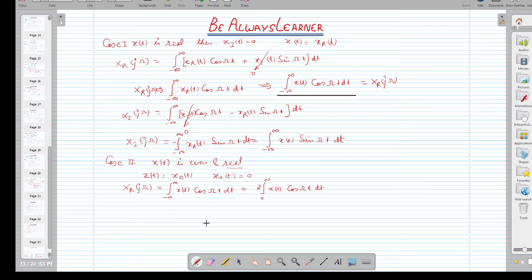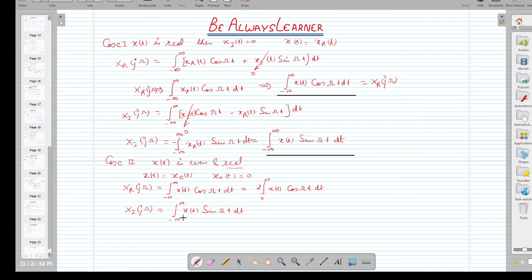In the same way I can also have the x I j omega. x I j omega is given by this sort of equation. This sort of equation we derived. So we are using this, that is integration from minus infinity to infinity x t sine of omega t dt.